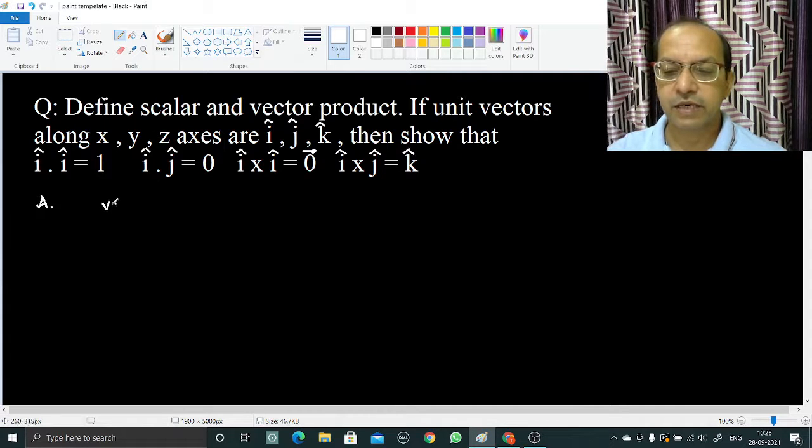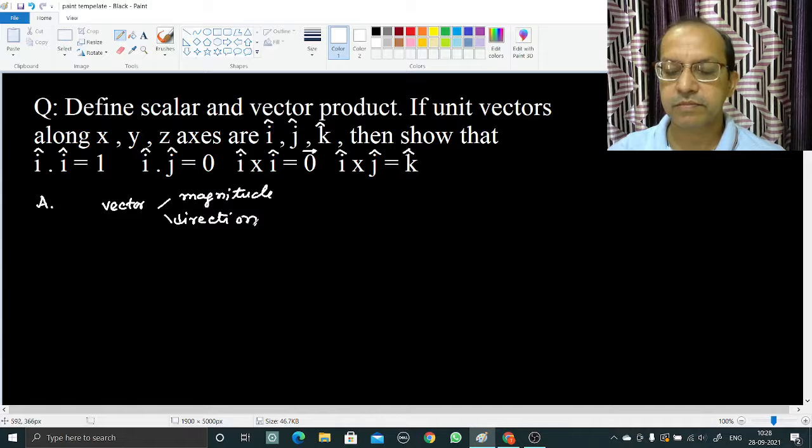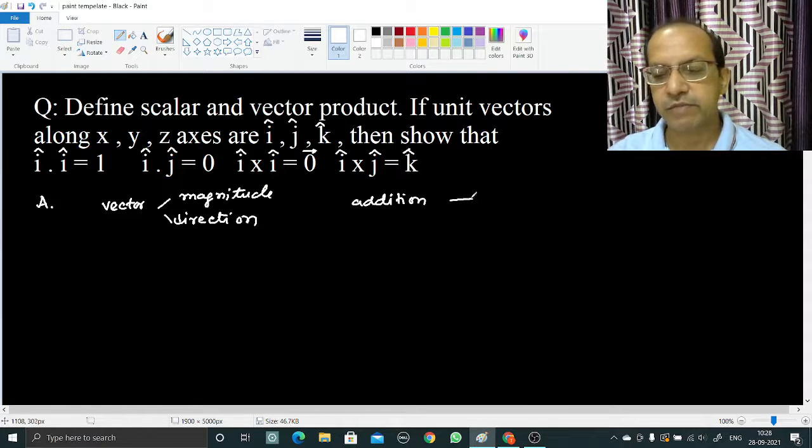A vector quantity is one which is having magnitude and direction. So if a vector is added to another vector, that means in addition, the vector quantity will remain a vector quantity.